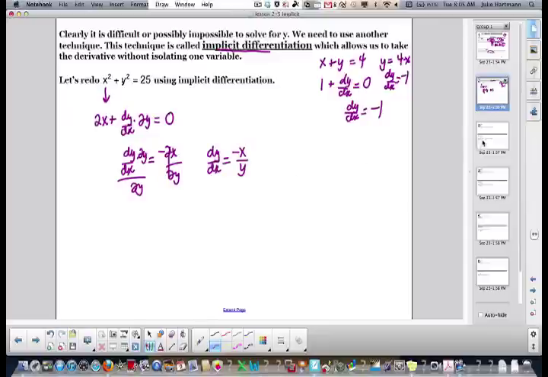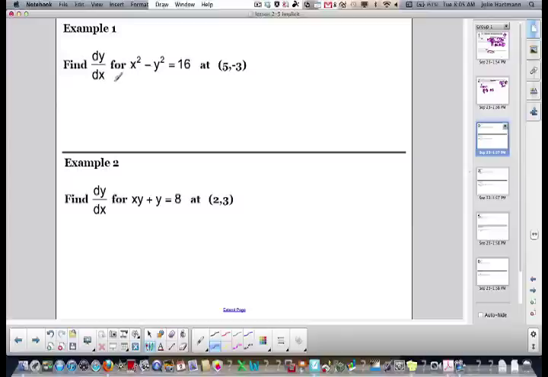So let's do some more examples. This one, x squared minus y squared equals 16. The derivative of x squared is 2x, minus the derivative of y squared. The derivative of the inside of the y is dy/dx, and the derivative of the outside is your 2y. The derivative of 16 is 0.